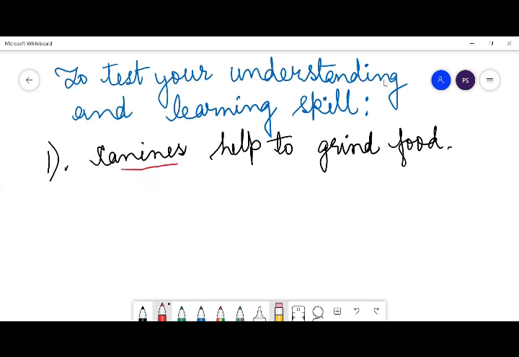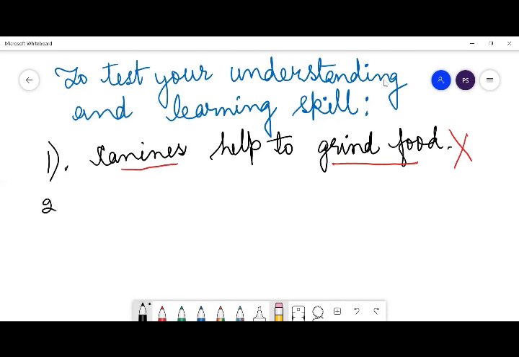Canines, you remember, are pointed and sharp, and it helps in what? What type of function does it perform? Since it is sharp and pointed, it helps in tearing the food. But here this statement says that canines help to grind the food. So the statement is wrong because canines do not grind food. Instead, they tear the food.